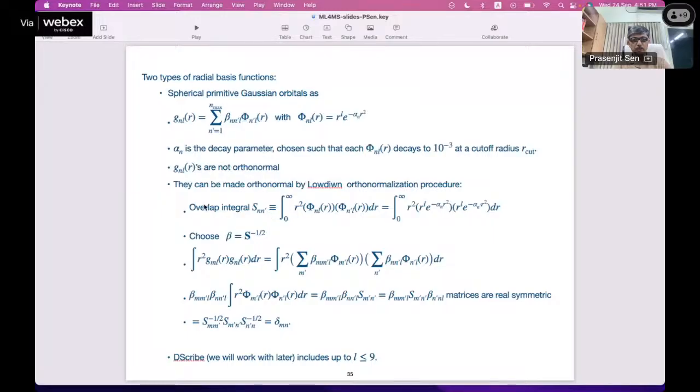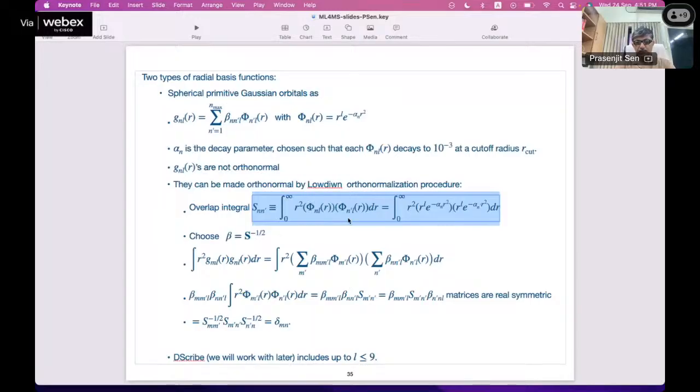In order to do that, first you calculate the overlap integral of these Gaussian functions. So this S n n primed is the overlap integral between the functions phi n and phi n primed. I have suppressed the index L in some places to keep things simple, but whenever I'm talking of the Gaussian functions, there is also this L index.